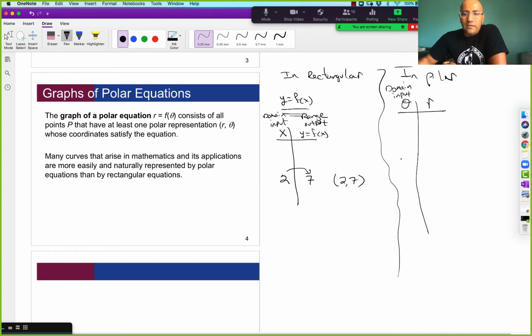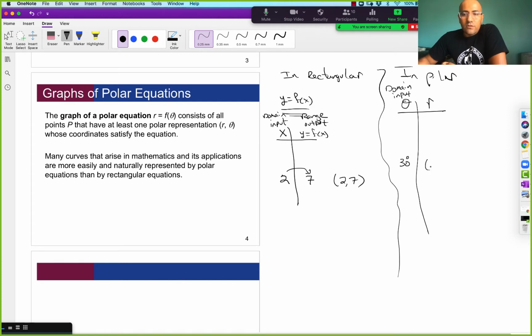So let's say we pick 30 degrees, for example, and then we do something with that 30 degrees. It could be that we take cosine of 30 degrees, and then cosine squared of 30 degrees, plus 2 or something, right? We do something to the 30 degrees, and then we'll be able to get some sort of an r value. It translates into something.